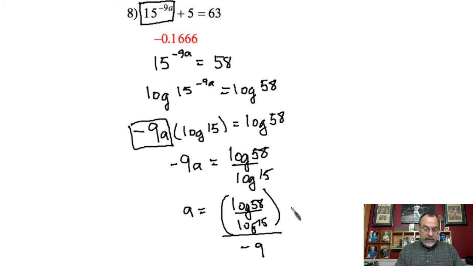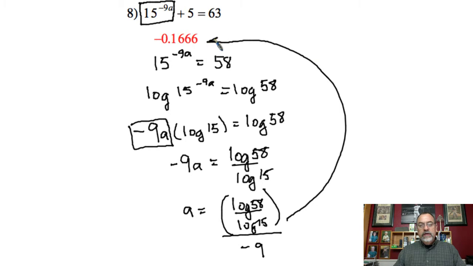We're going to divide that by log 15, enter, and we're going to divide that by negative 9, enter, and it's going to give me negative 1.6659, which rounds off to negative 1.666.